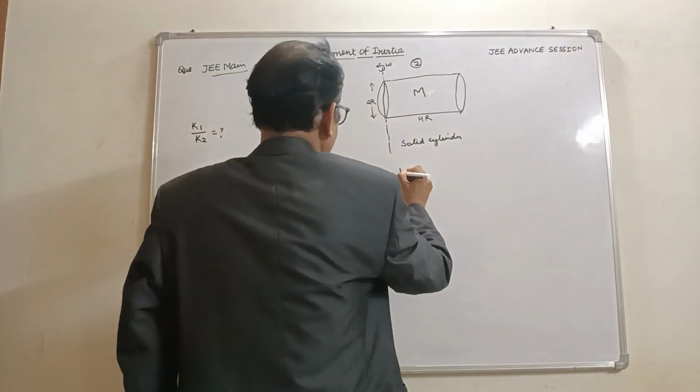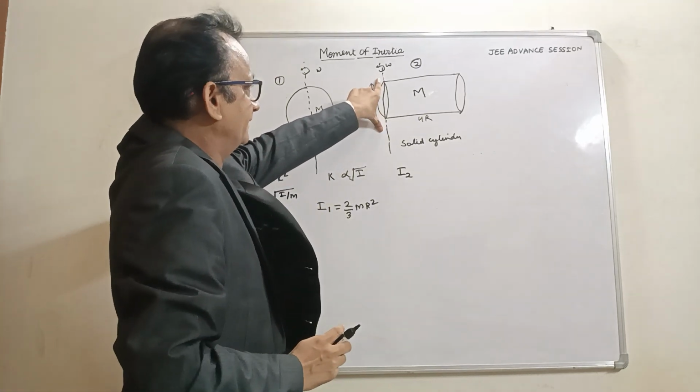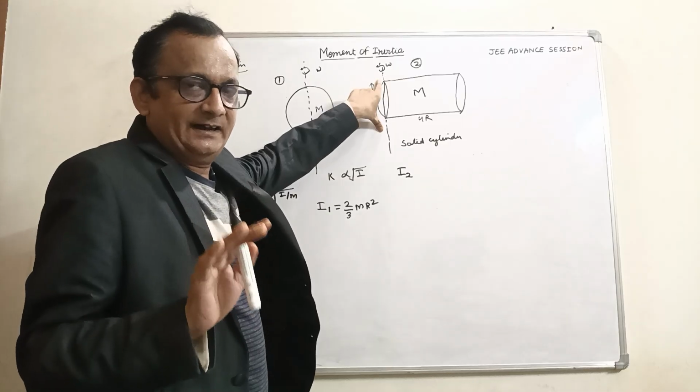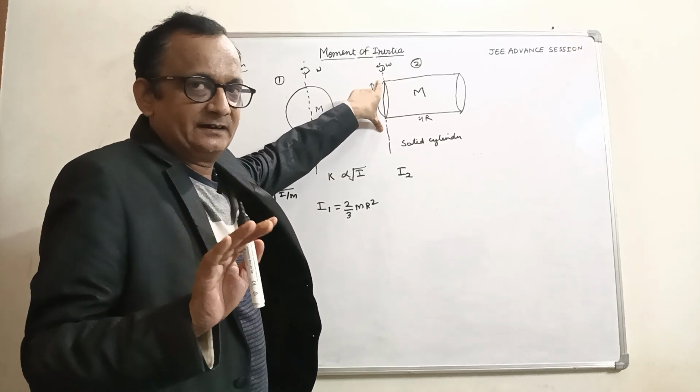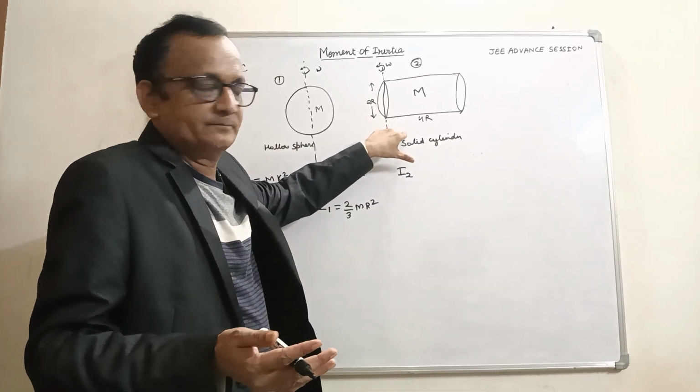And this is the second case. So here we know this moment of inertia. When we find the moment of inertia of a solid cylinder, this cylinder behaves as a disc.